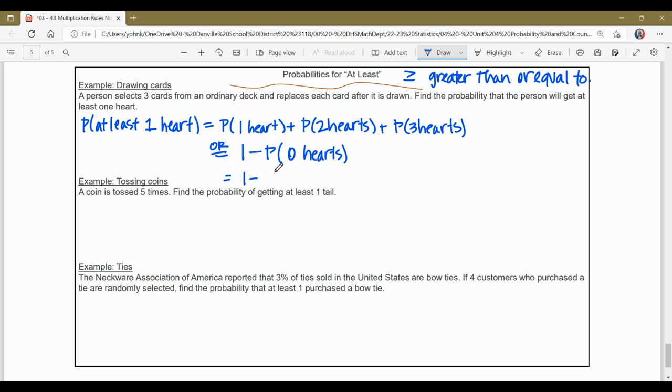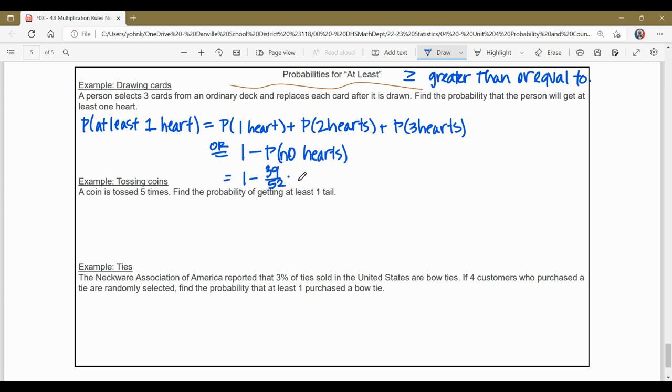Now, since I'm putting each card back in the deck, each card is going to reset the deck. So the probability that the first one is not a heart, or 0 hearts, is 39 out of 52.